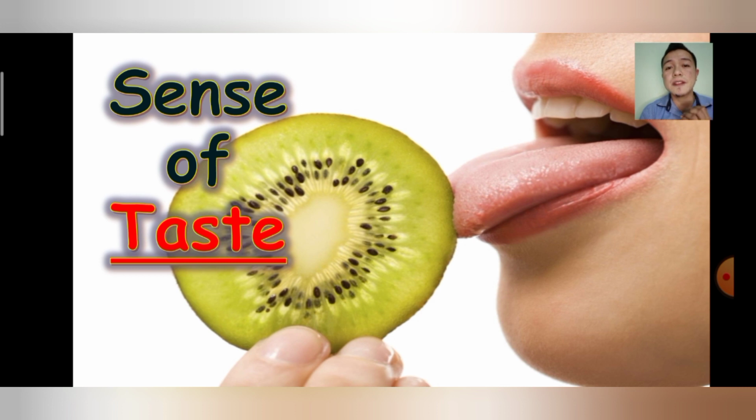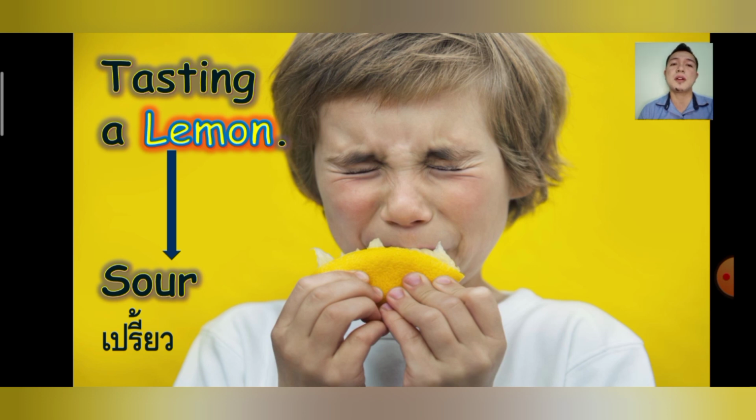We cannot say that the food is good without the sense of taste. So in the tools of science process skills, observing is the best way for us to use in our daily living. The sense of taste, you can eat good food because of this. Okay, those are the things that I mentioned.